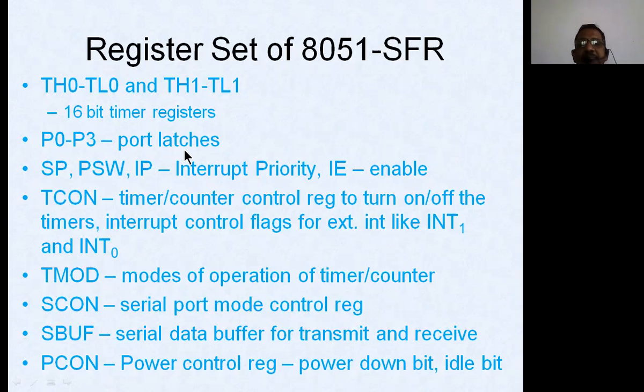Using them, we access the external devices connected to the microcontroller. Then we have the program status word, interrupt priority register, and interrupt enable register. These registers are also used whenever we handle the interrupt signals.